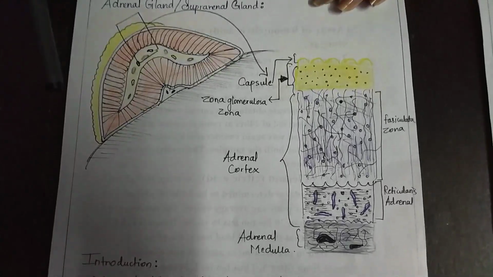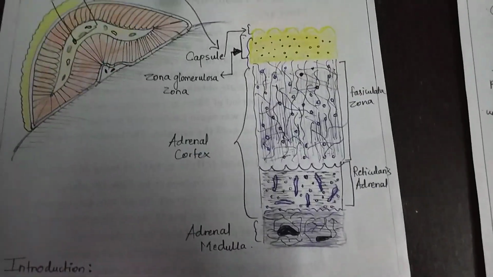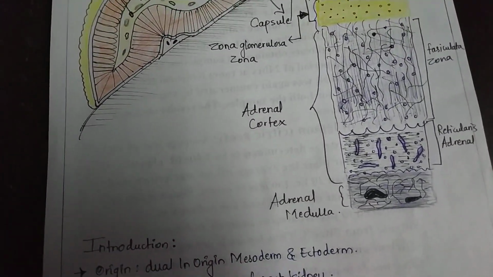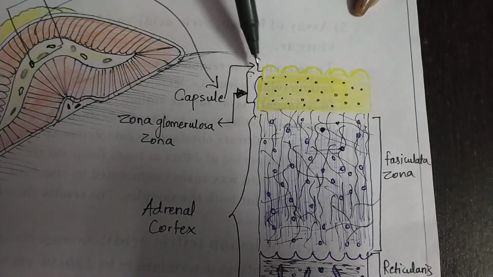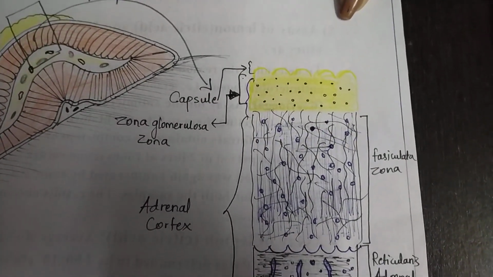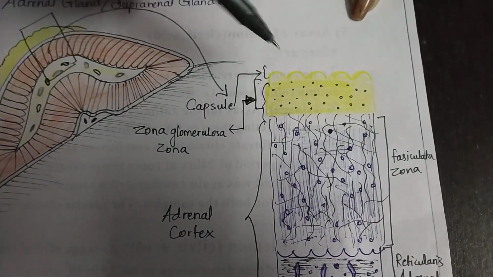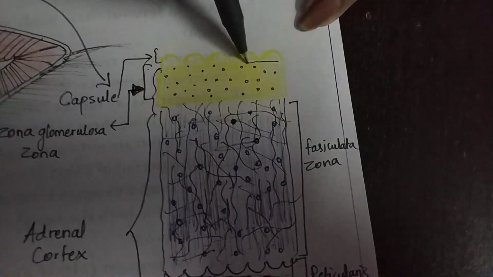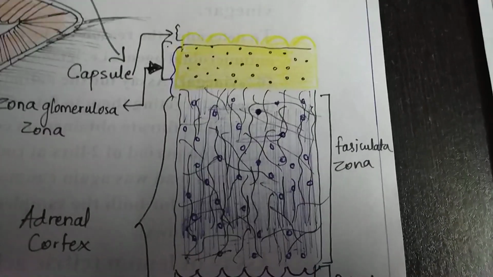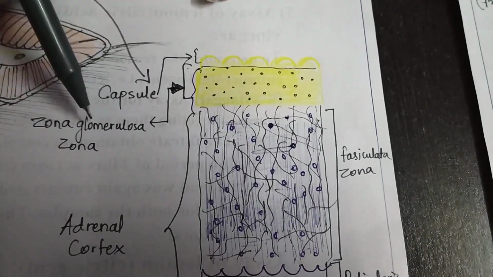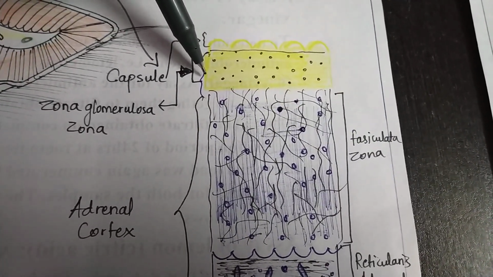I'm repeating again, if I cut one piece of it down, it will look like this. Now in this part, you'll see there are certain small mountains I've made. This is nothing but your outer capsule, the yellowish part. After that, from here to here, the first part is zona glomerulosa, the first part of your adrenal cortex.